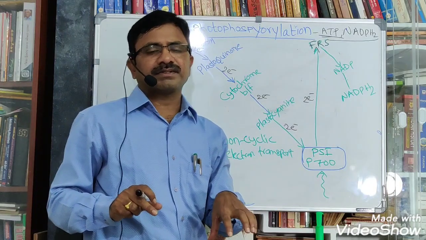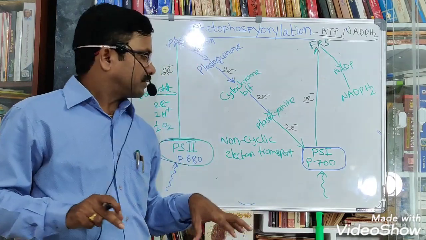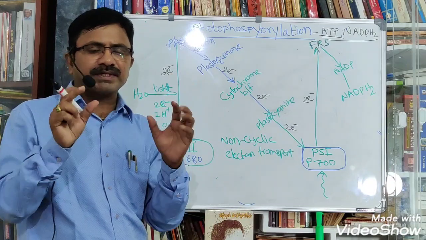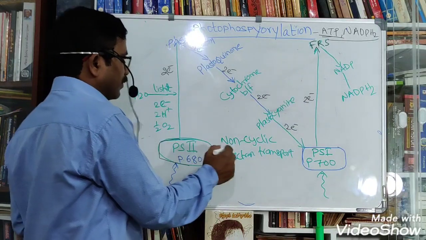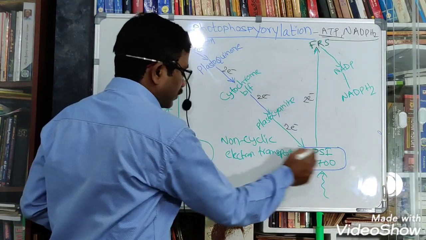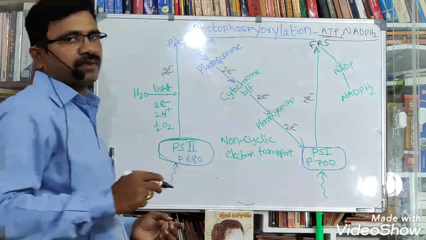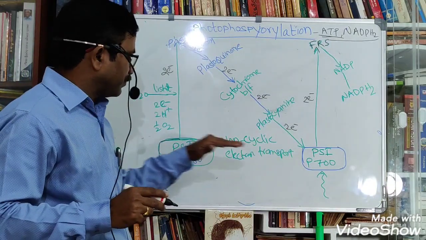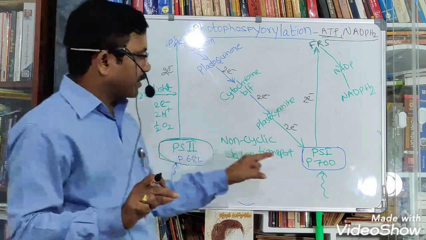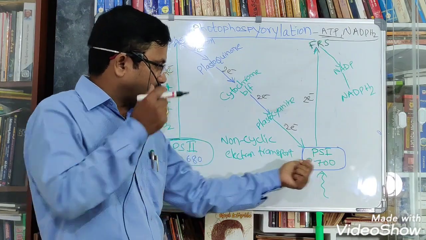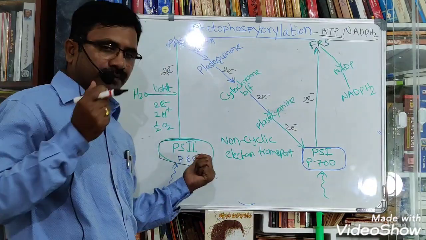So in photosynthesis, in chloroplast, the photosynthetic pigments are organized into two main groups, namely photosystem 1 and photosystem 2.